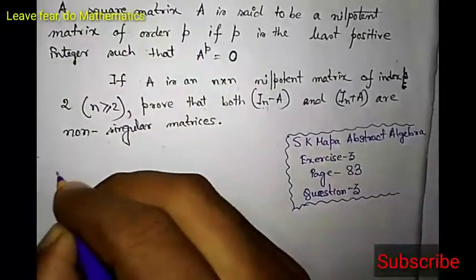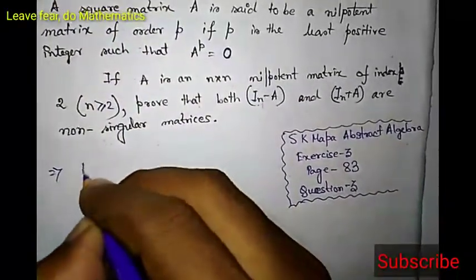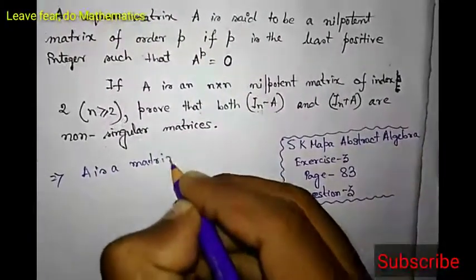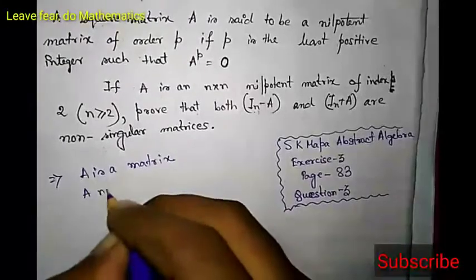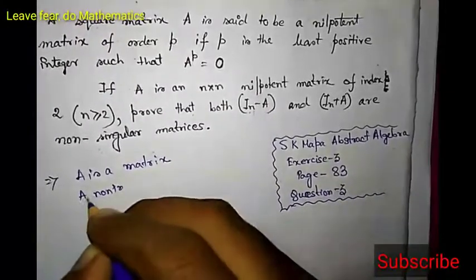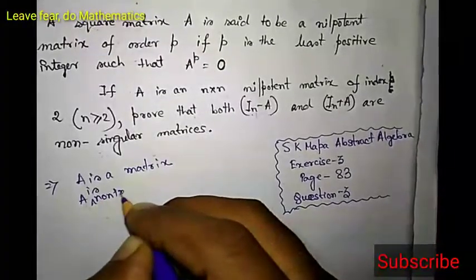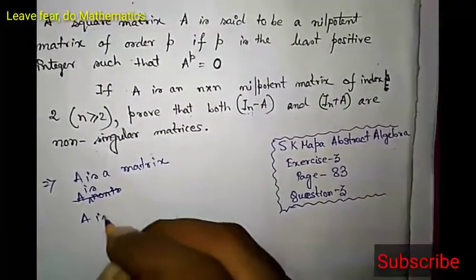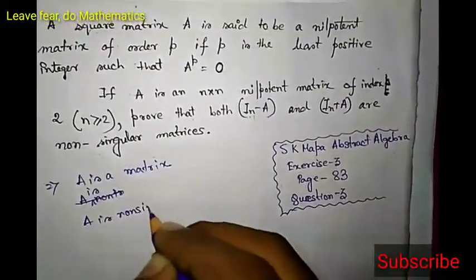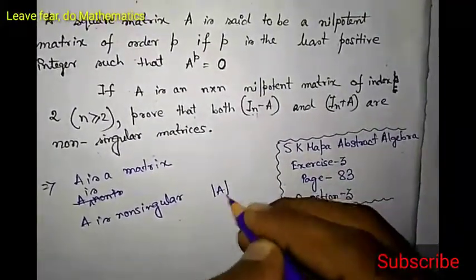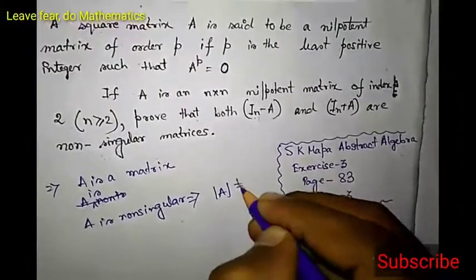When we call a matrix non-singular, suppose A is a matrix. Then A non-singular means det A not equal to 0.